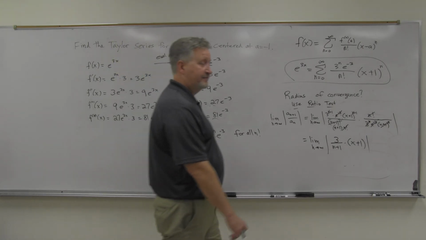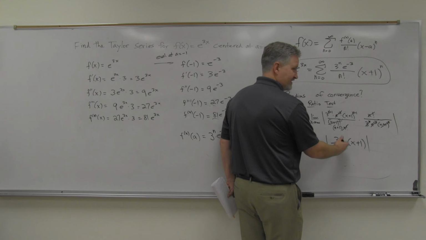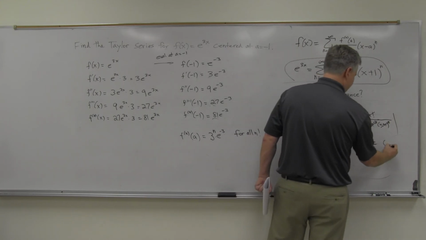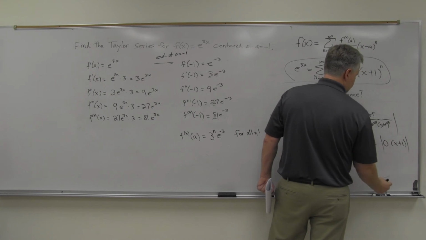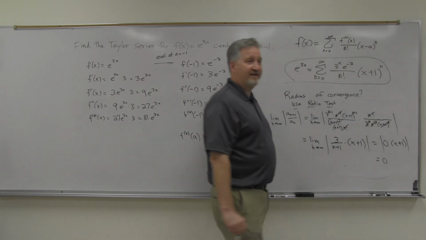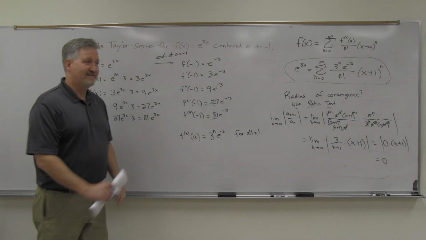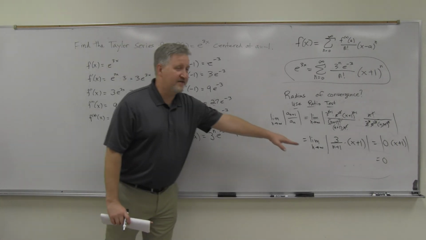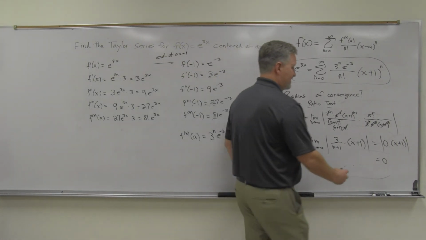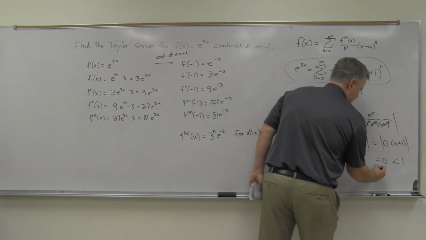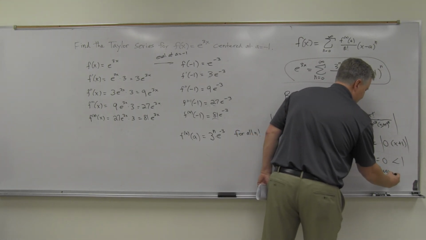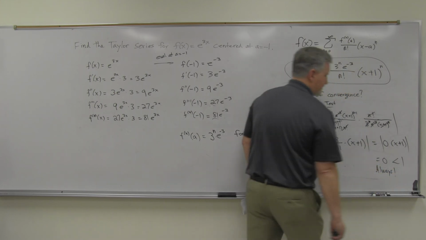As n goes to infinity, what does this do? That goes to 0, doesn't it? Just 0. Now, what does that tell me? That's one of our special cases. When this limit equals 0, that's always less than 1, isn't it?